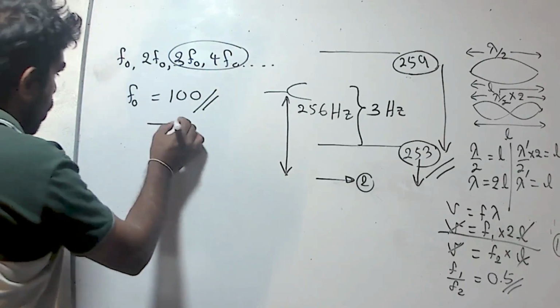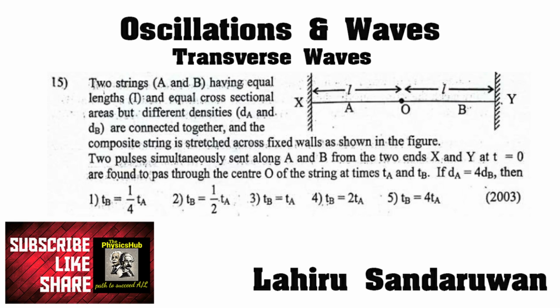Then answer is 2. Two strings A and B having equal lengths L and equal cross-sectional areas but different densities dA and dB are connected together and the composite string is stretched across fixed walls as shown in the figure.